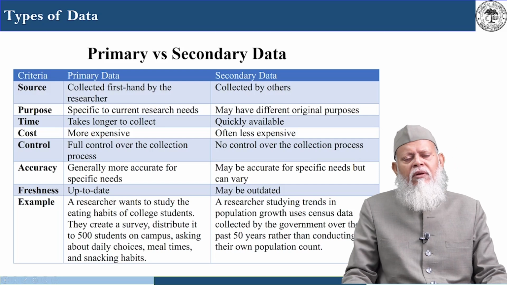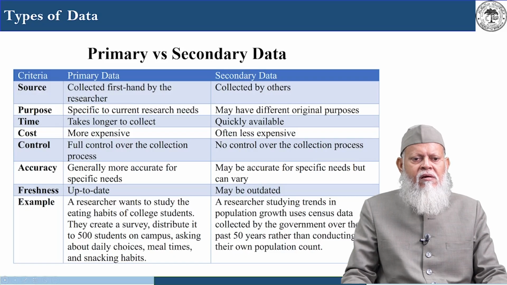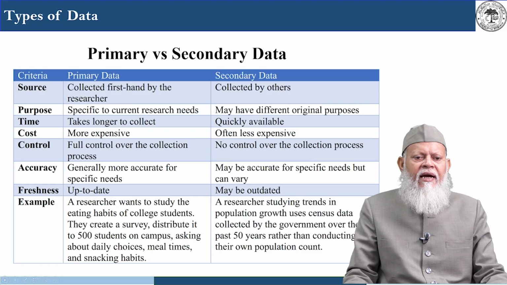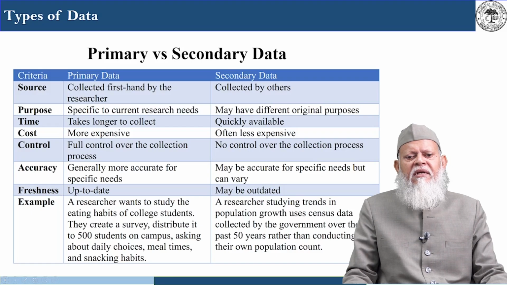We have this table where the primary and secondary data is compared. We have the criteria, and primary data and the secondary data. But we find that as far as the source is concerned, the primary data is collected first hand by the researcher and the secondary data is collected by others.